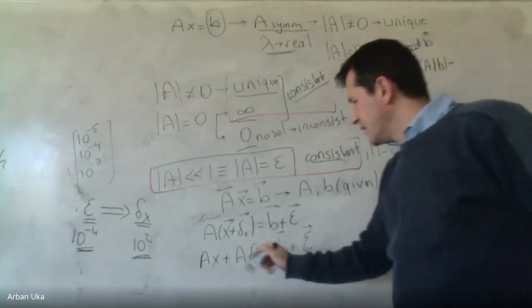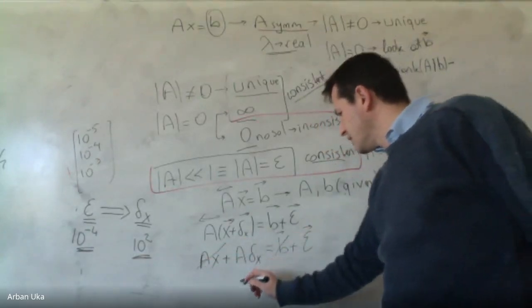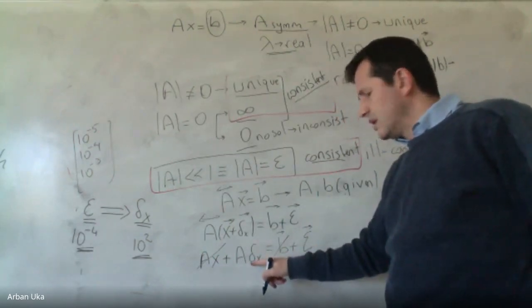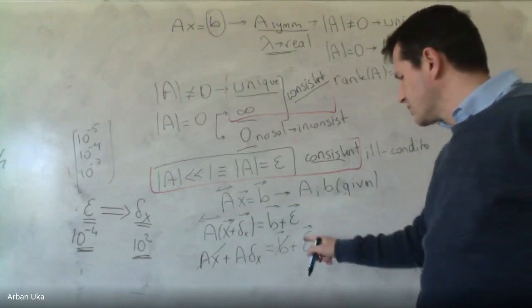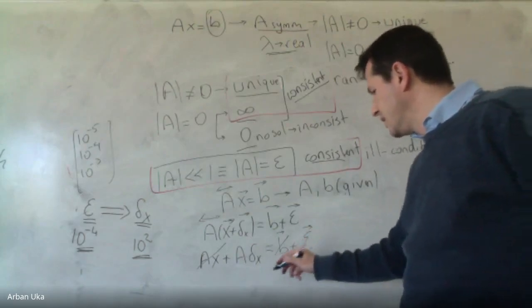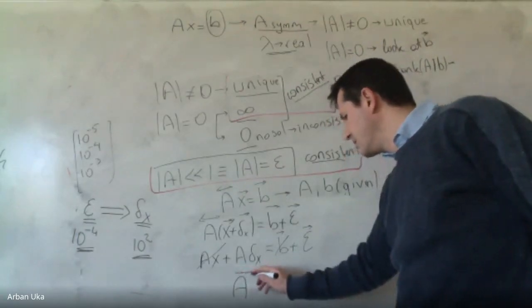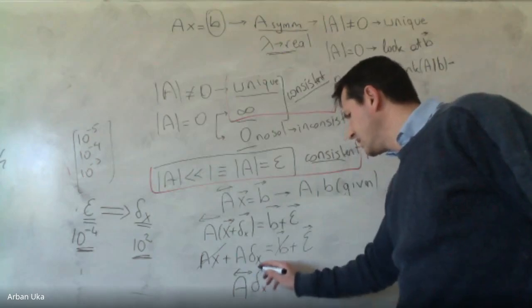And then this, we can cancel out on both sides, and it looks like, if we want to find how much the error in x is going to be increased because of some perturbation in b, this can be quantified like this. This would be A, the coefficient matrix, times this vector delta x.